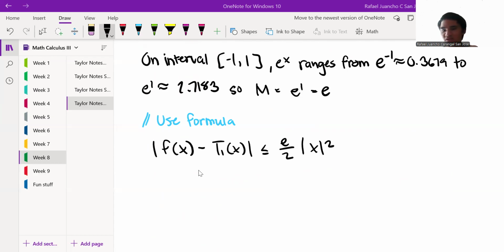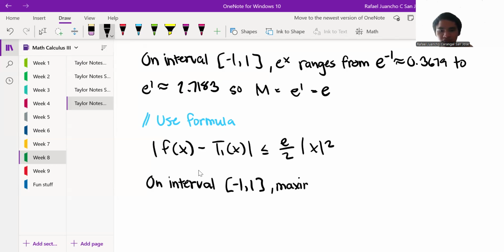So again, here we plug in -1 and 1. Actually, funny enough, they should be the same, right?